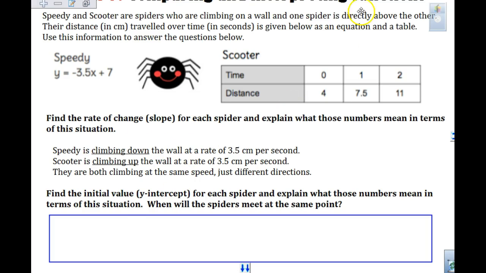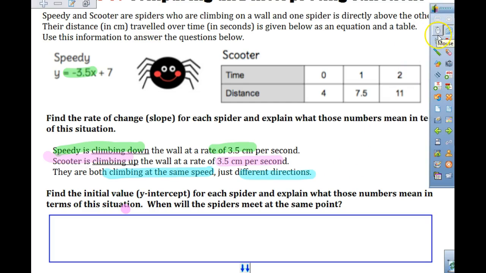Speedy's climbing down, so he has a rate of negative 3.5. Because Scooter is climbing up, his rate is 3.5. What we notice is that they are climbing at the same speed, but because one is positive and one is negative, they go in different directions, okay? So same speed, different directions.